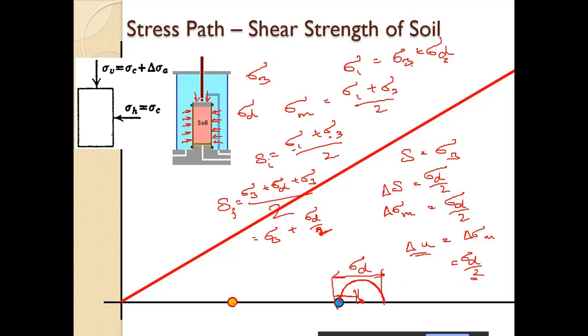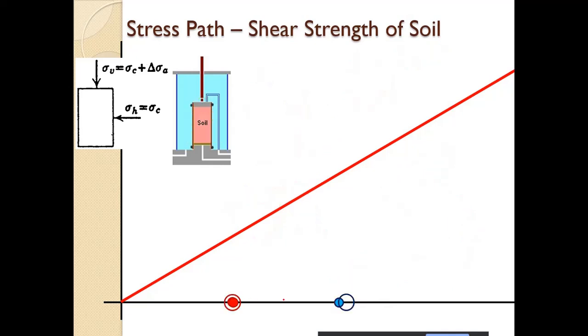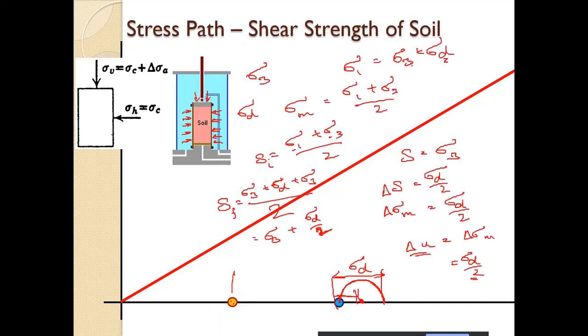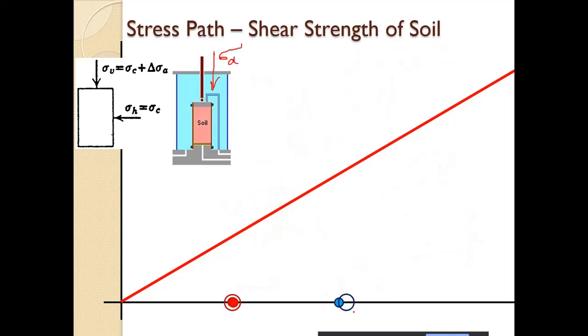So as soon as we increase sigma d, the effective stress circle will shift by sigma d by 2, because initially it was U. As soon as I give this much of deviatoric stress, the pore pressure will increase by delta U is equal to sigma d by 2.